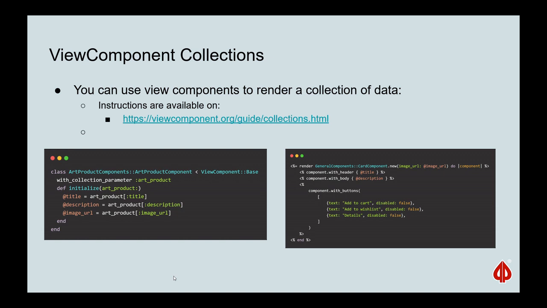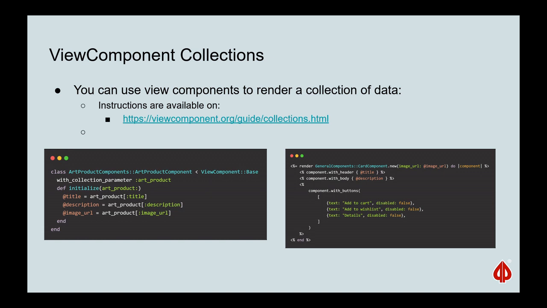For the next thing, you can have several collections or several items within a collection shown to the user, like partials. For partials, you pass a collection, and the partial generates them one after the other. This is the same in view components.